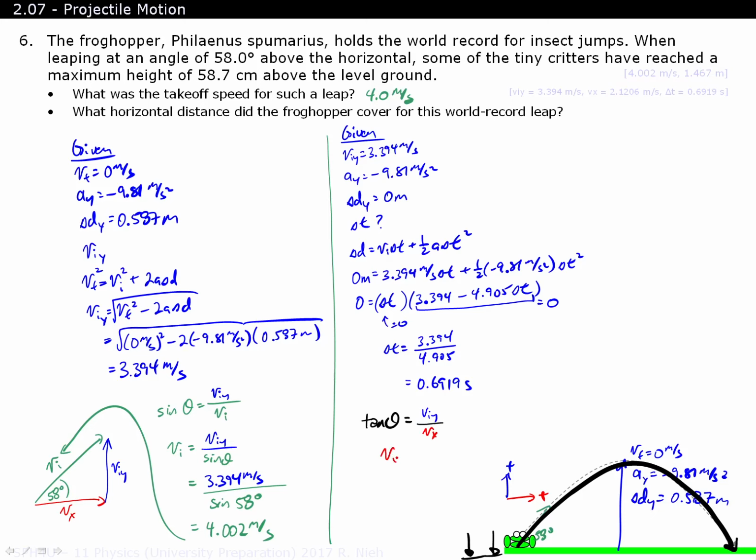So if we're trying to solve for our Vx, it is therefore equal to our ViY divided by the tan of 58 degrees. All right, so 3.394 meters per second divided by the tan of 58 degrees will give us an answer of 2.1206 meters per second.